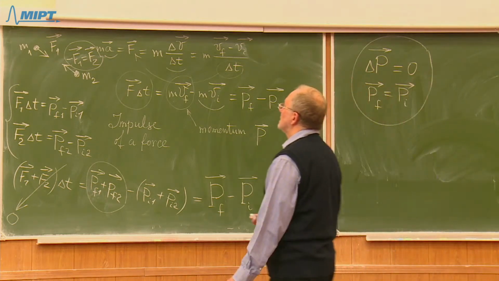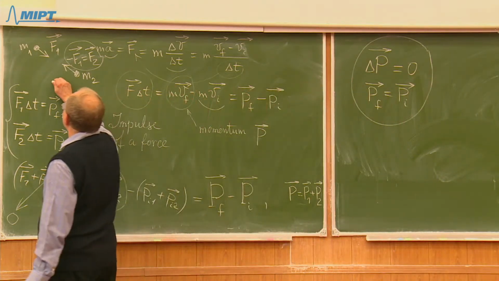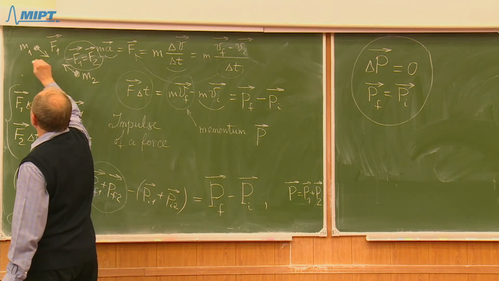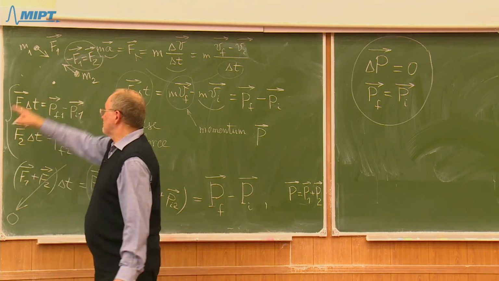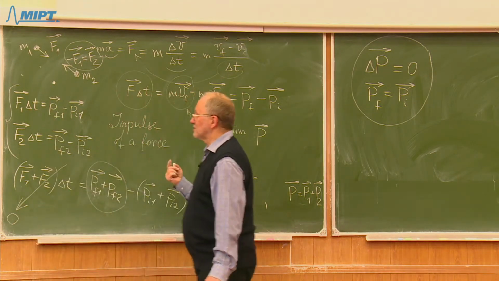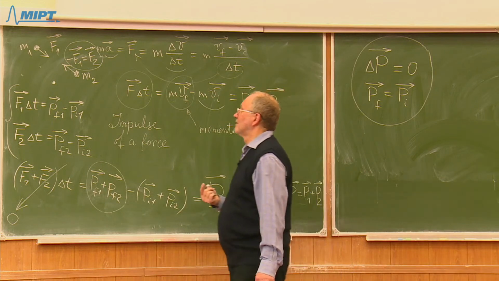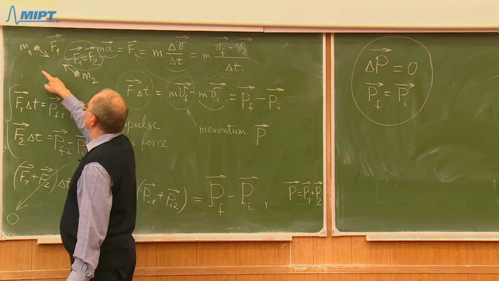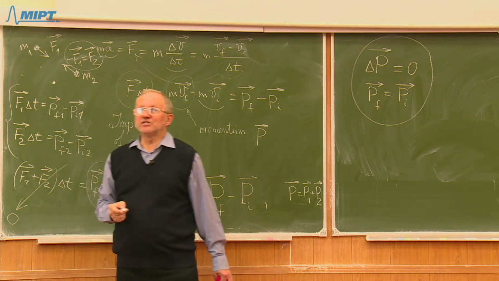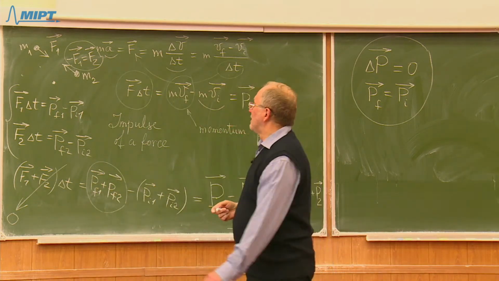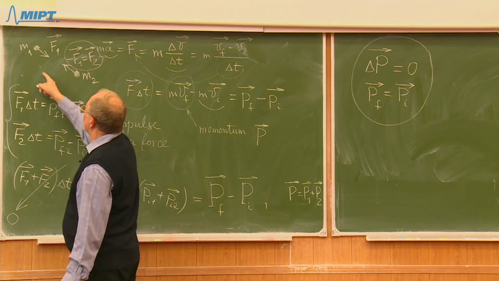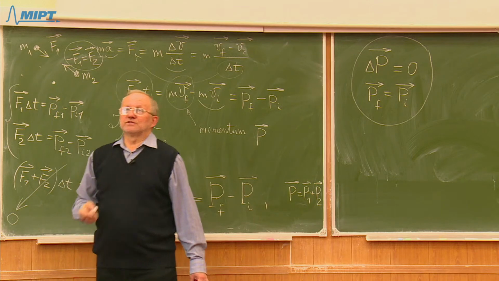If I consider more than two particles, like another particle number 3, particle number 4, number 5, etc., what will change here? We will have to consider forces of interaction between each two particles. And all the forces of interaction between this particle and this, for example, will obey this third Newton's law.